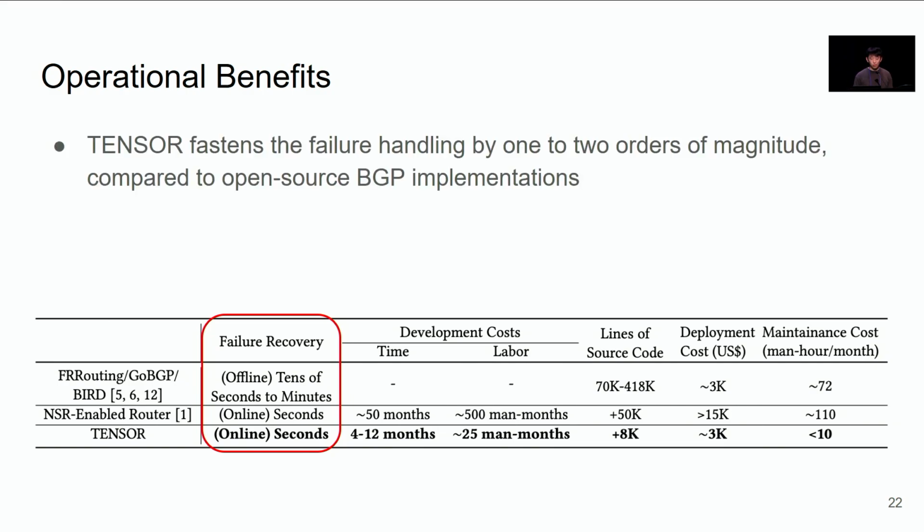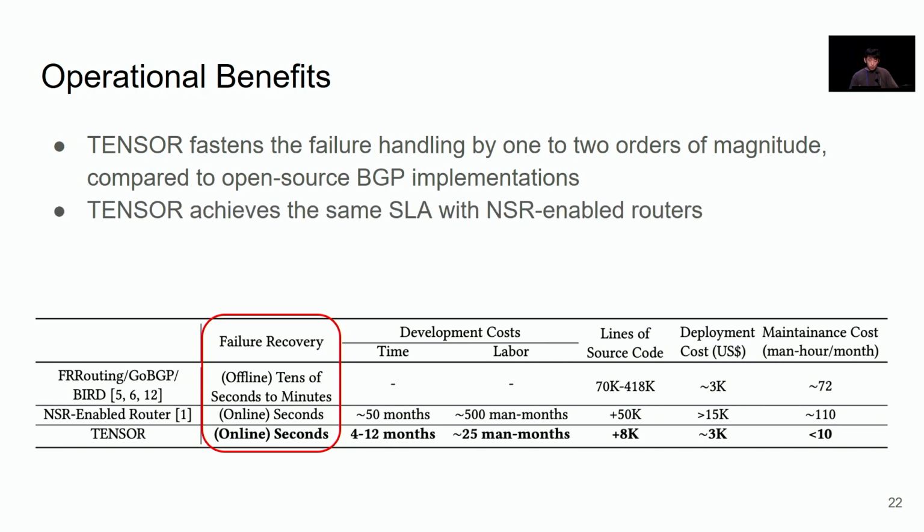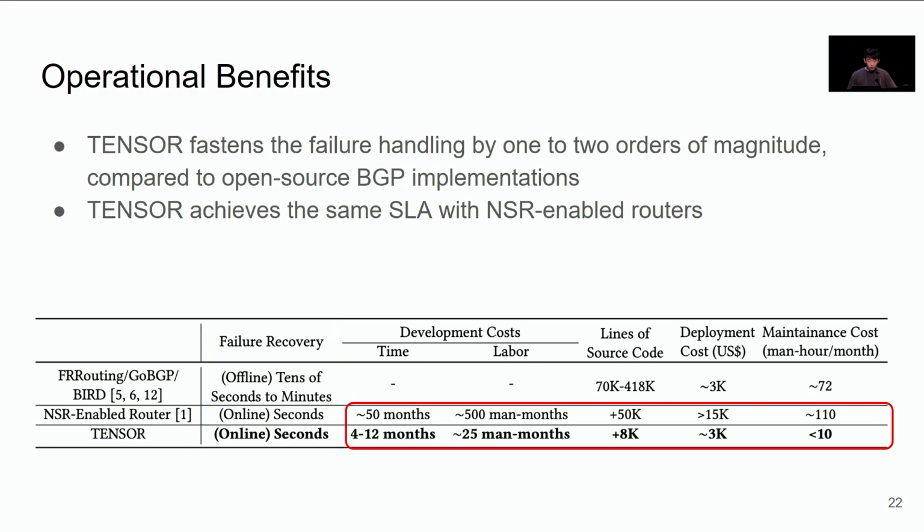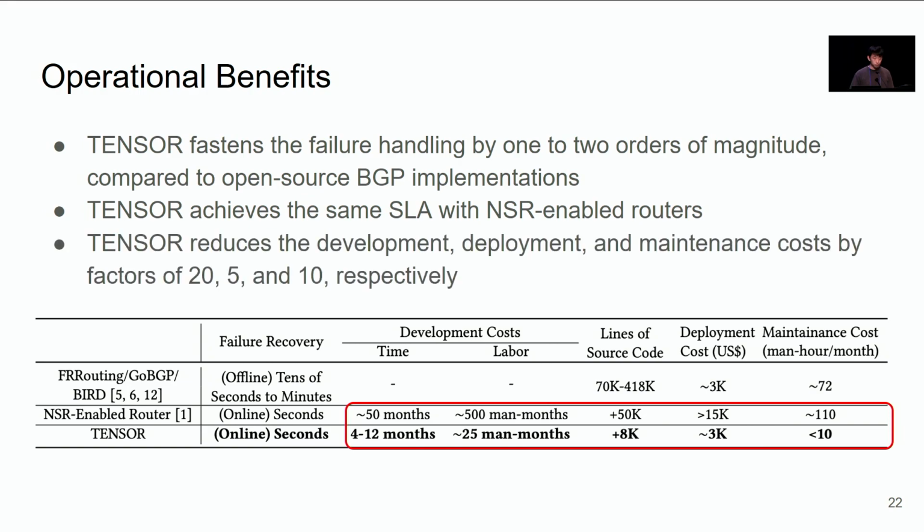Instead, Tensor only requires a few seconds to recover, and it's online, meaning that this failure is transparent to the peering router. And compared to the NSR-enabled router, we actually achieve the same level of failure recovery. Both are within seconds. But if we look at the costs, we can see that Tensor requires much less time, much less labor, much less deployment cost, and much less maintenance cost.